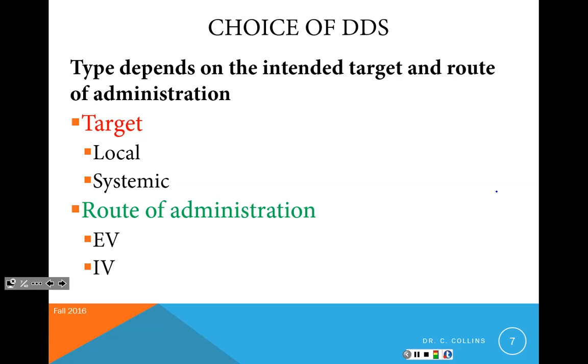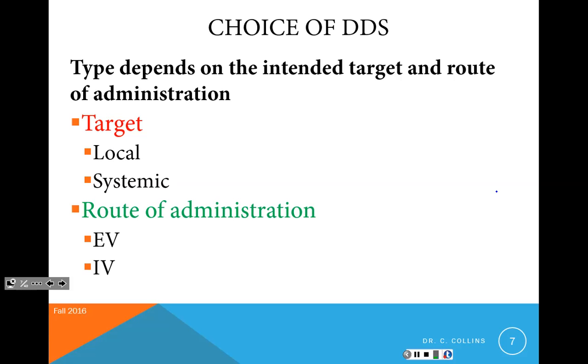So choice of drug delivery system depends upon where the drug needs to go. We'll have to take into account, and mention from time to time, the anatomy and physiology of the body as well in determining which drug delivery system to pick.